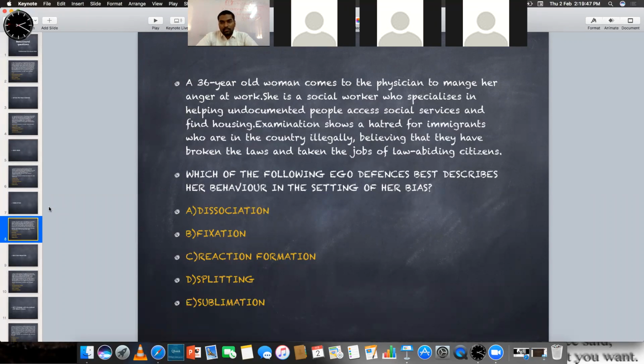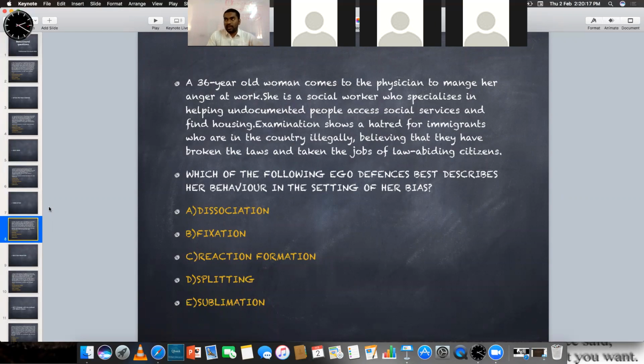Okay? Now, why is it not dissociation? She's not splitting. She's not shifting her ideas and thoughts between two things. So it's not dissociation. Why is it not fixation? Fixation is temporarily fixating onto an act that you would do in your earlier stages of development.